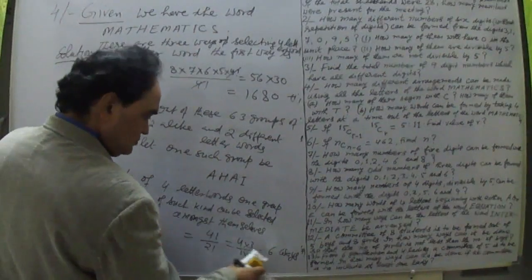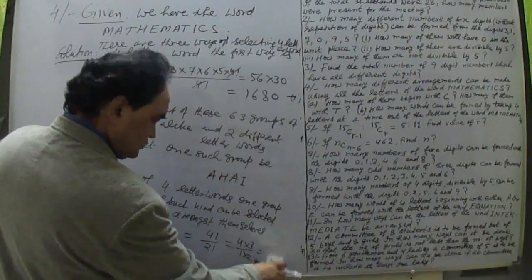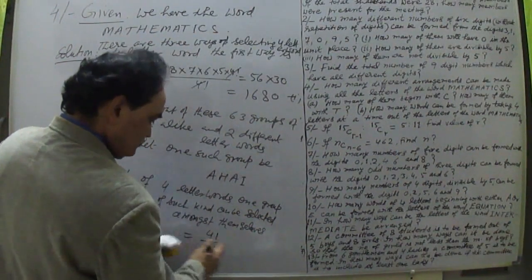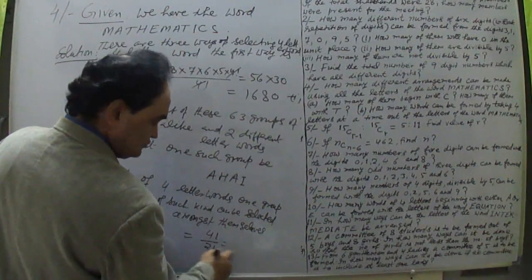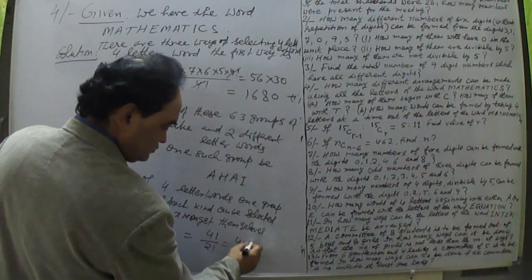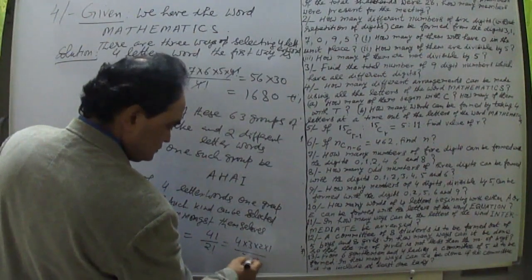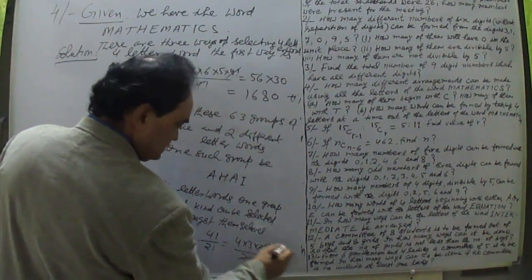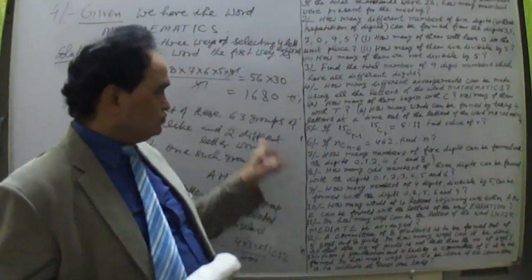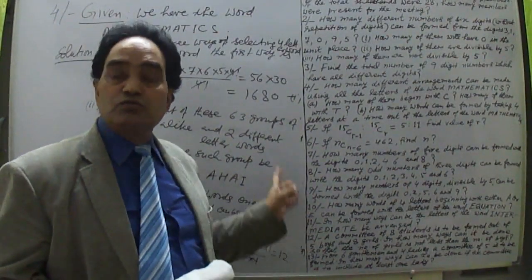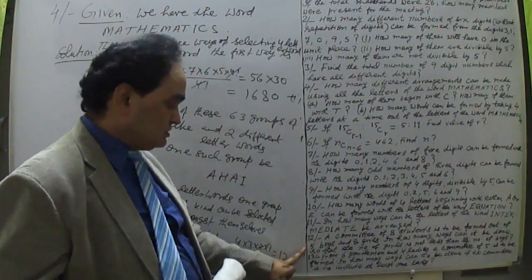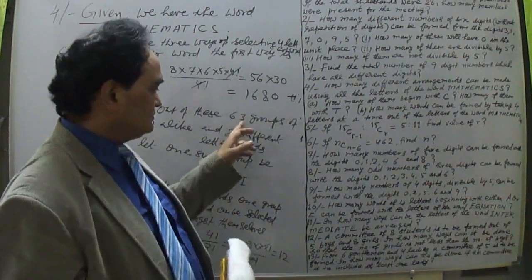This is not factorial 4 upon factorial 2 means, I have to do this completely. It is not 4C2. It is 4 into 3 into 2 into 1 divided by 2 into 1. So this is 12 times, I'm sorry. This is 12 times. 12 into 63. Groups were 63.